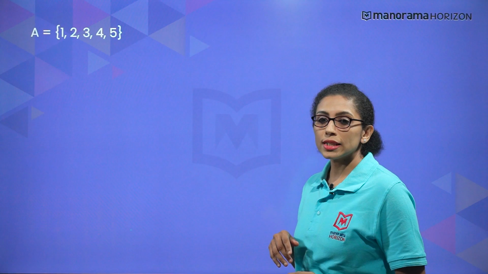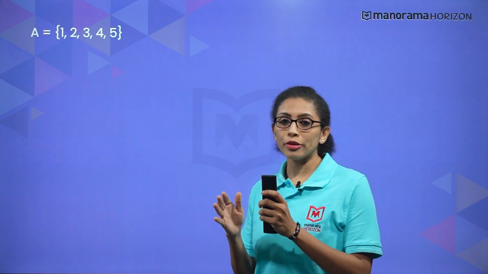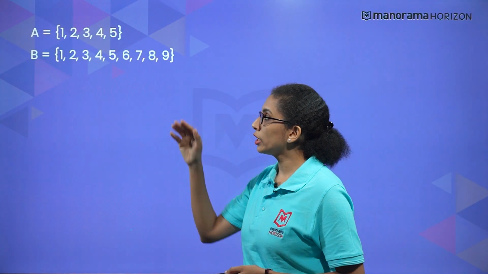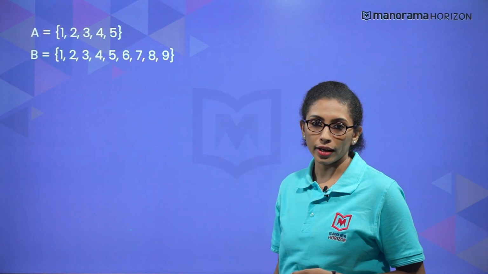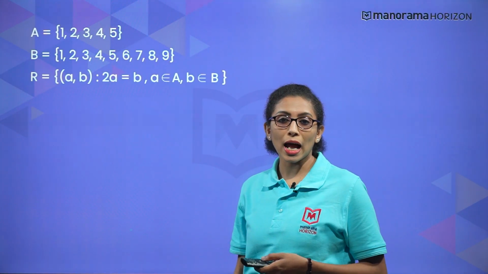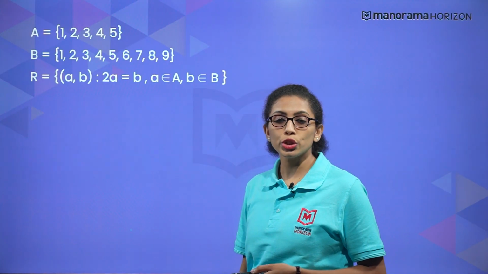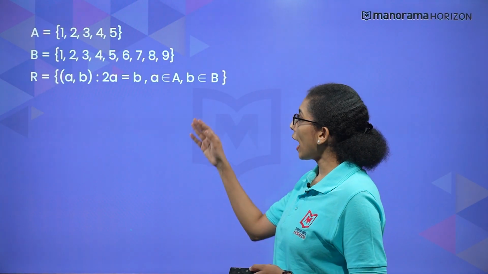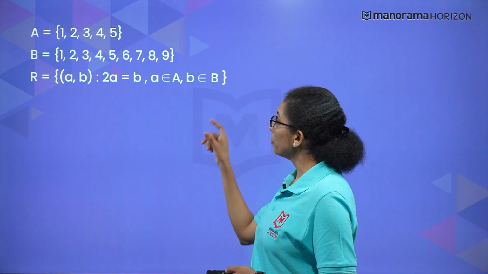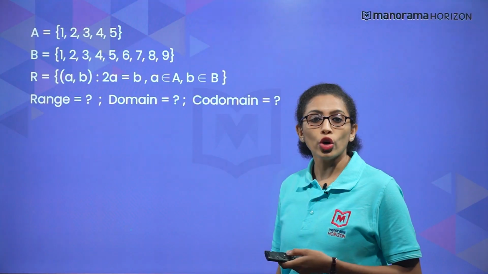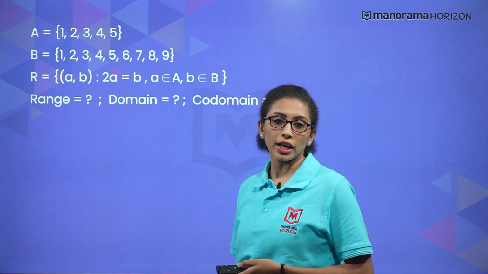Okay? Now, let's see one example for better understanding. If set A is equal to {1, 2, 3, 4, 5} and the set B is given by {1, 2, 3, 4, 5, 6, 7, 8, 9} and the relation is described as follows: R is equal to {(a, b) such that 2a is equal to b}, where a is an element of set A and b is an element of set B. Determine the range, domain and codomain of the relation.